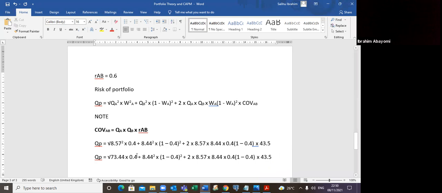Times the weight of A squared. So for the weight of A squared, I will have 0.4 times 0.4, which is 0.16.